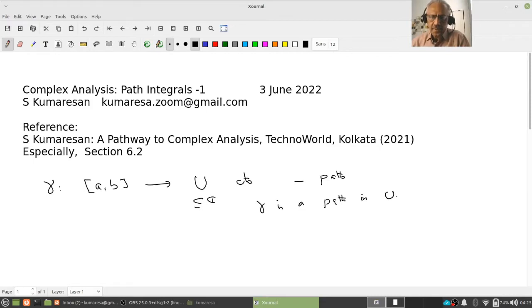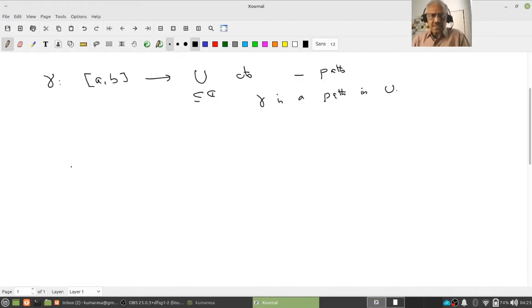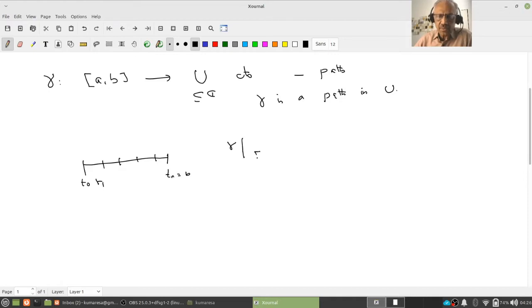in U. But this is for complex analysis, and this is not the kind of path we are going to look at. What we are going to look at is this: suppose on [a, b] you have a finite partition, t0, t1, ..., tn equal to b, so that when I restrict gamma to [t(i-1), t(i)], for 1 less than or equal to i less than or equal to n, then this is continuously differentiable.